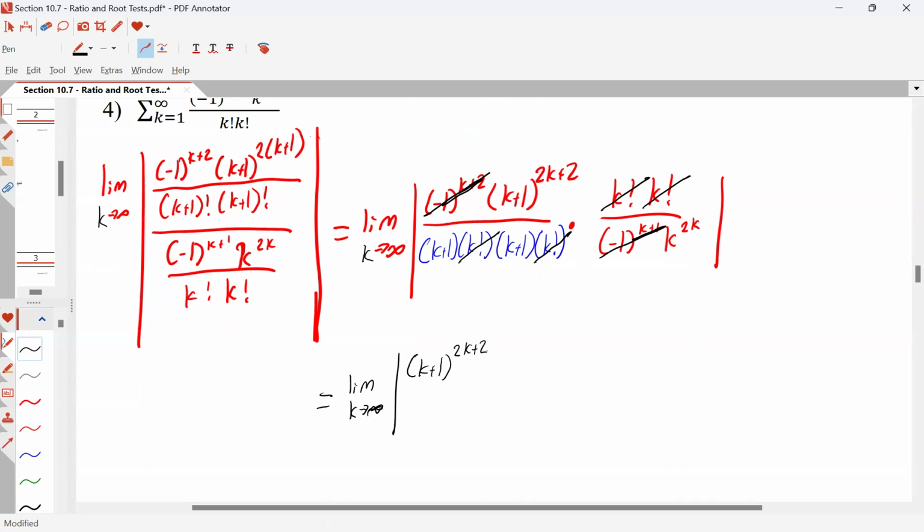And thinking about what that means is that is k plus 1 to the 2k times k plus 1 squared. And in the denominator, we have a k plus 1 times k plus 1. What is another way to write k plus 1 times k plus 1? K plus 1 squared. K to the 2k.